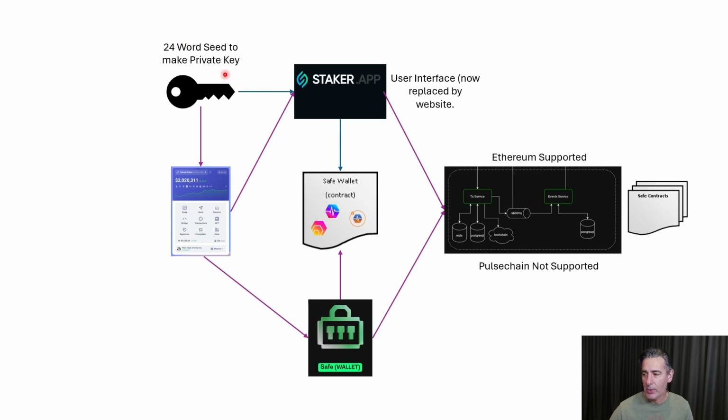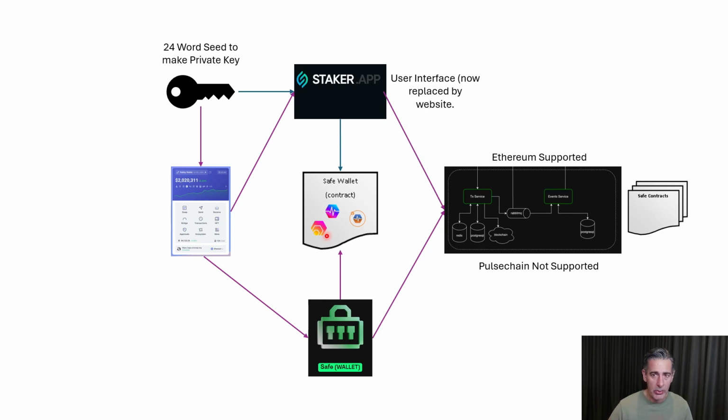So what we need to do is get our private keys and put them into a software wallet, something like Rabby or MetaMask. My preference is Rabby. So we import our seed words or our private key into the Rabby wallet software. We connect that to the new website, and then through the website we can control our vault or our wallet.